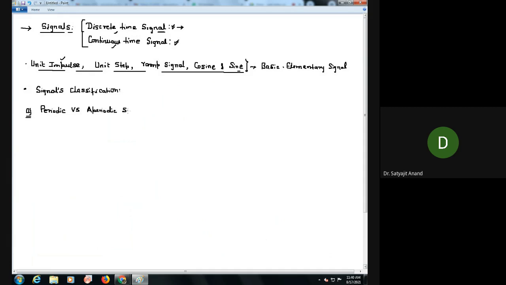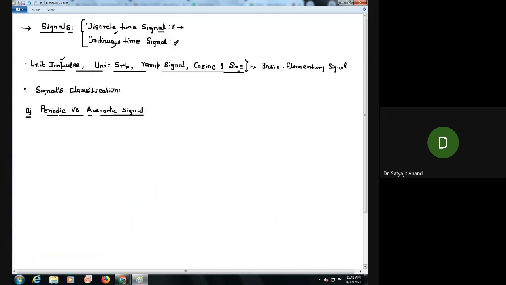In both cases, you have to see how we can say a signal is periodic or aperiodic, or non-periodic. The definition of a periodic signal: a signal which repeats itself after a certain time.